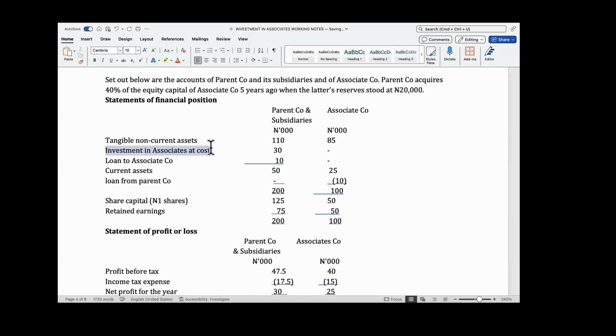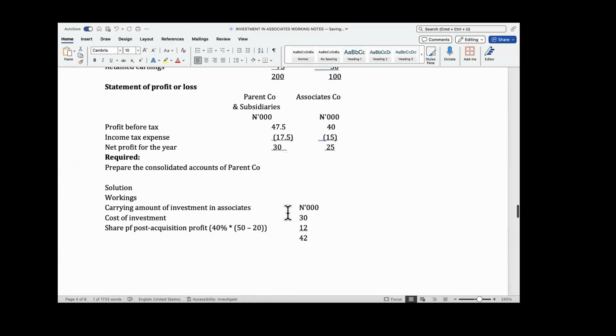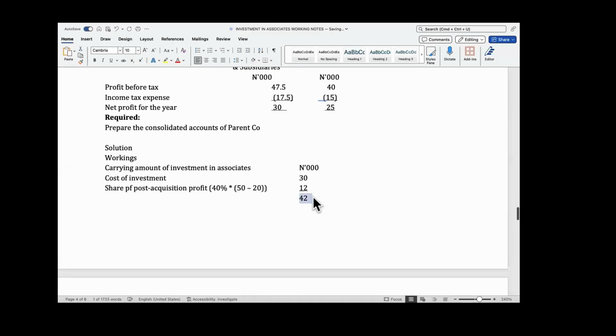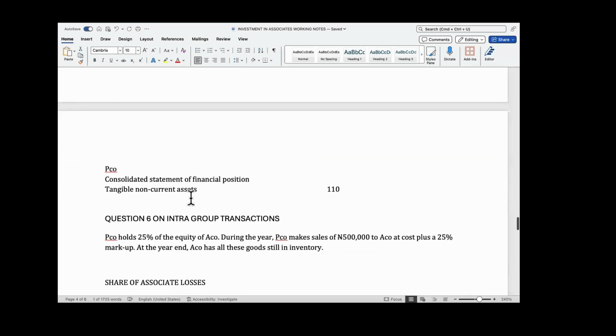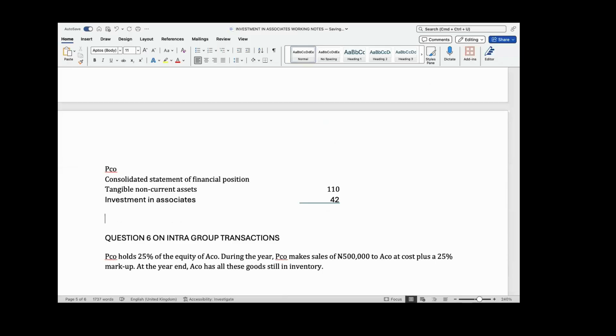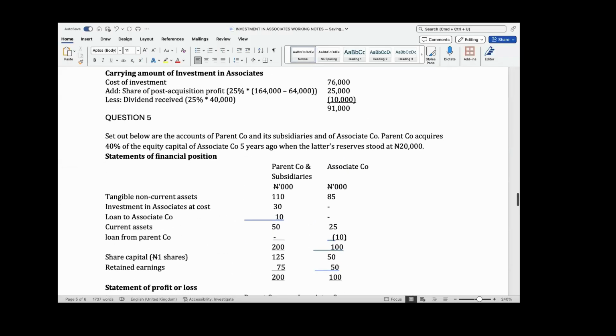This investment in associates that was 30, we consolidate that, but it has now become 42 because we have taken our share of post-acquisition profit. So investment in associates is 42.